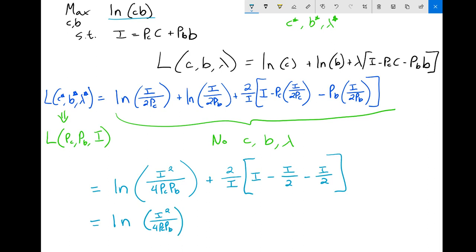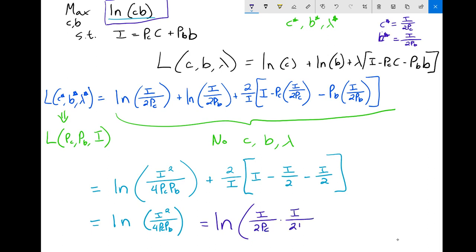All right, you're going to notice that this equals the same thing as if I had just taken the optimal values. So maybe I will write these back up here. C star is I over 2PC, B star is I over 2PB. If I just took these two values and plugged them right back into the natural log, I would get I over 2PC times I over 2PB.